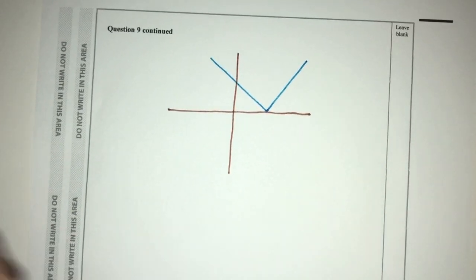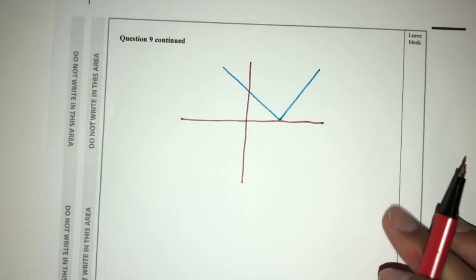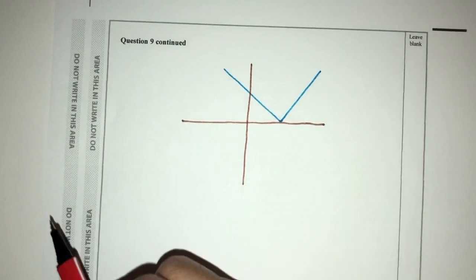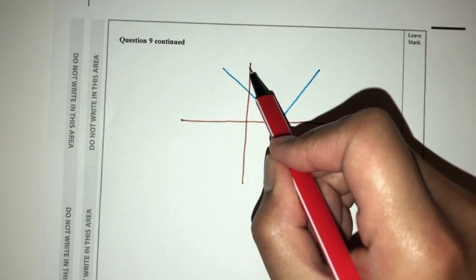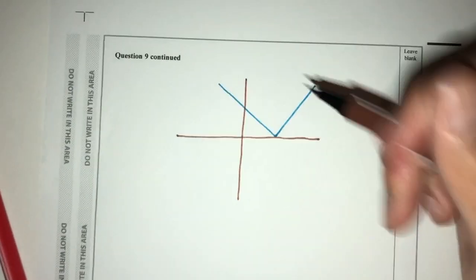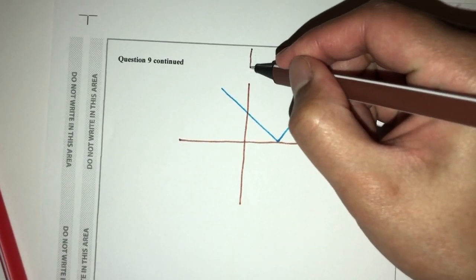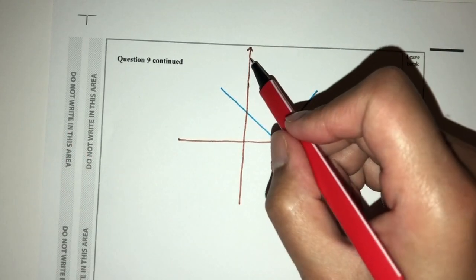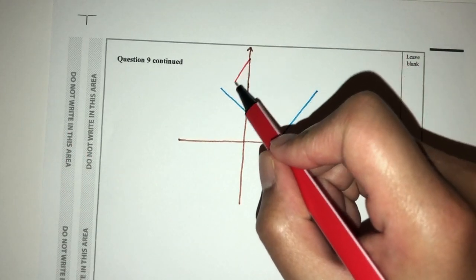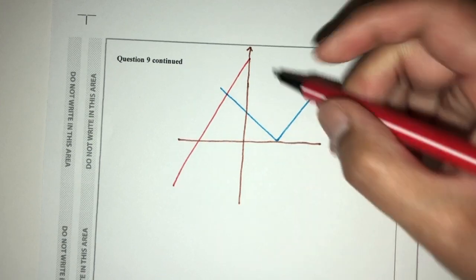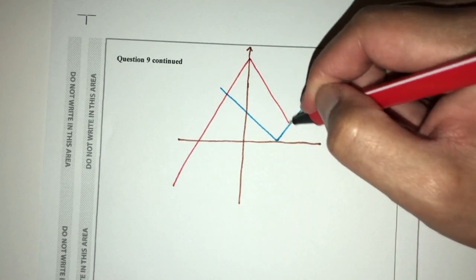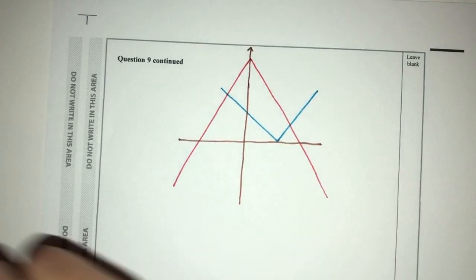And then the other graph was something like this. That was k, up here. Let me continue this. Right, k will be something up here. That should be something like that. If that makes sense, right?